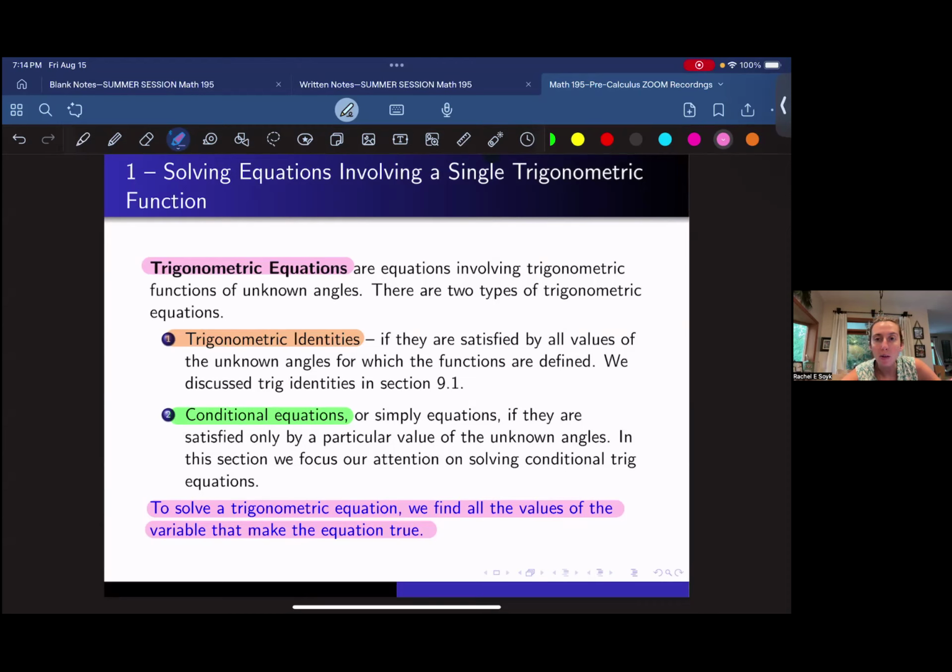If there are no bounds, and let's say your solution is 45 degrees, well, it's 45 degrees, but it's also what's 360 plus 45? 405 degrees. So it's 45 plus 360 degree intervals. And that's in terms of degrees, but you can also think about it in terms of radians, where you have plus or minus 2 pi multiples going on with pi over 4.